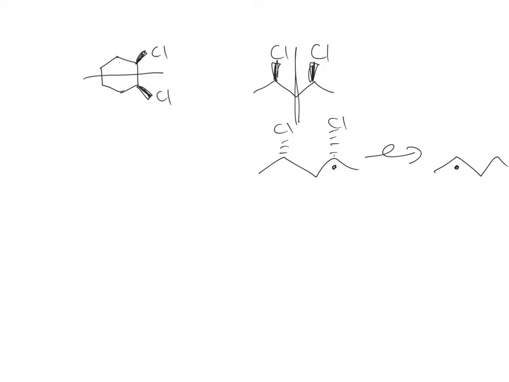It would be a wedge, coming out. And this one would be this guy now, and it would be a wedge. So I attempted to draw the enantiomer, but in fact, I just drew a different conformation of the same molecule. That's a factor in it being meso.